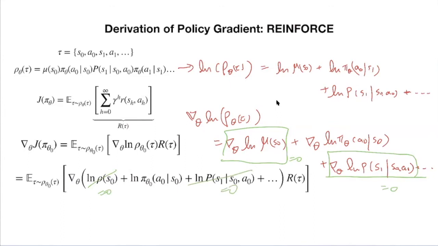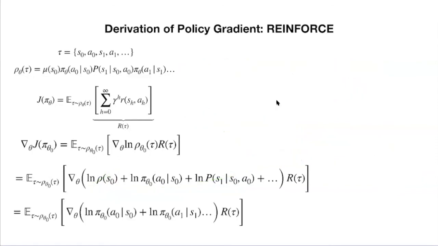The term that matters is this one. This makes sense because I'm actually controlling pi. We, as the designer, designed this parameterization, so pi is an expression that depends on our parameter theta, and this is not going to be 0. So let's cancel all these 0 terms, and what is left is just the summation of the log likelihood of my policy.